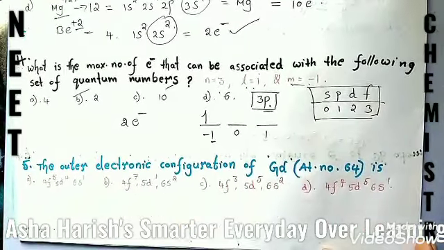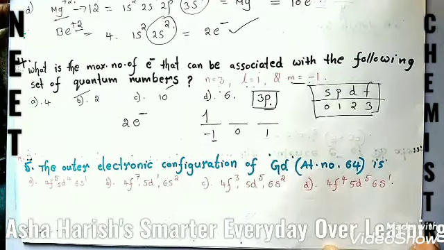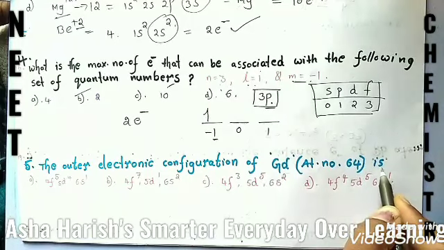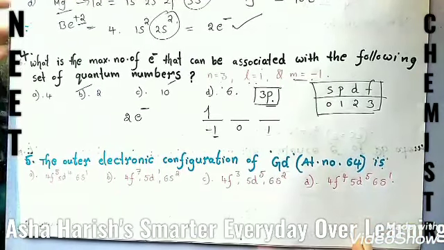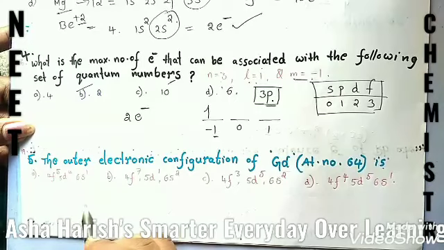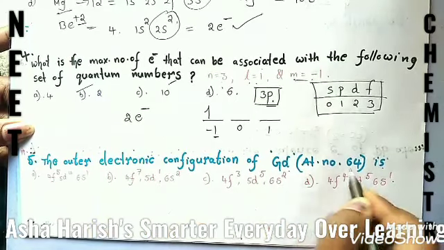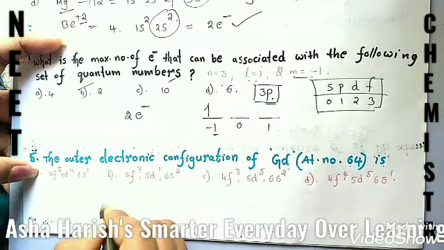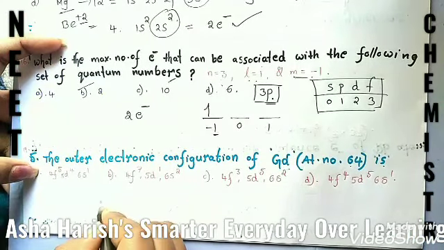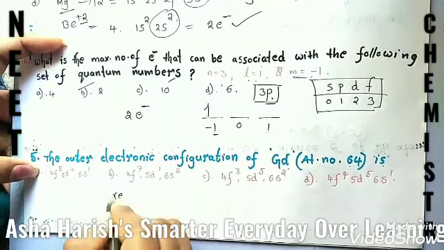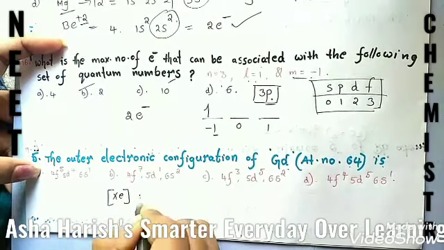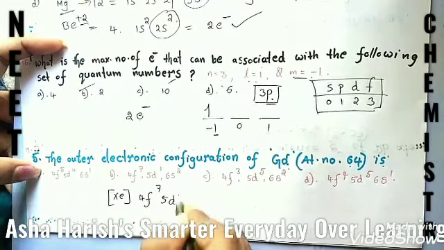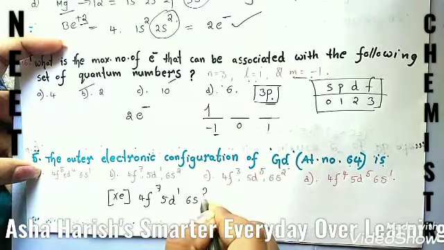Let us see the next one. The outer electronic configuration of Gd, that is gadolinium, atomic number 64, and we have the options here. For atomic number 64, you need to write the electronic configuration starting from xenon. The next part will be 4f7, 5d1 and 6s2.